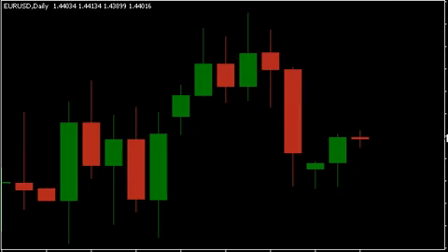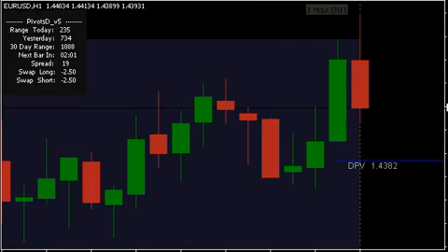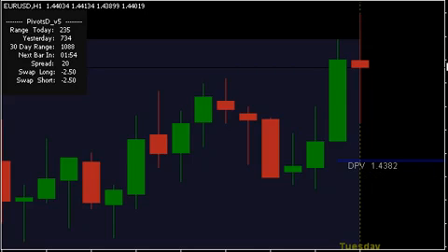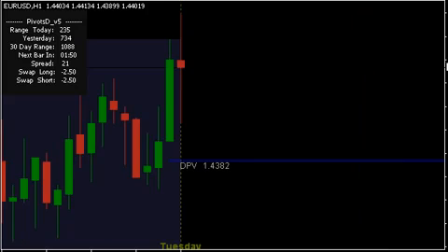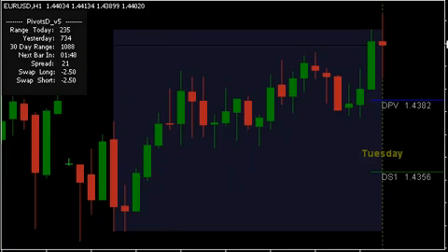So basically we're using the day formula, and if I switch down to H1, what we get to see is, yes, the 1.4382 has been calculated as my daily pivot based on the previous candle. I'm just going to zoom out a bit so that you can see a few more candles, because I've just gone down to the 1 hour time frame, and obviously one full day.